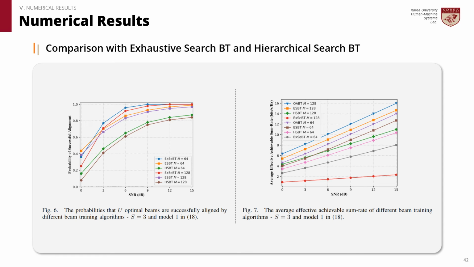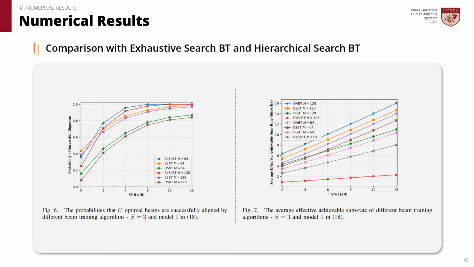Although the probability of successful alignment of EXSEBT is a bit higher than that of ESBT, the gap between the two algorithms becomes negligible as SNR or the number of antennas increases. It is also observed that HSBT achieves the worst performance.